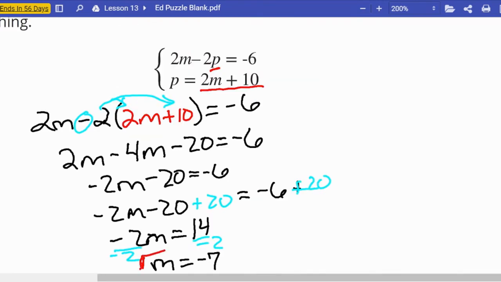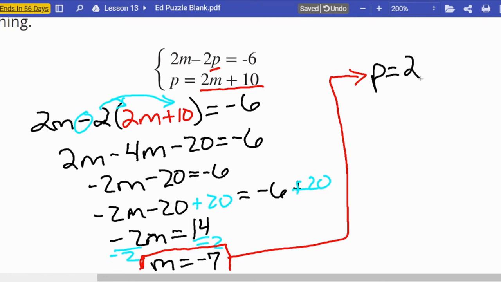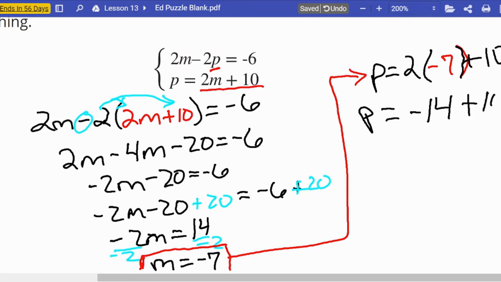So next we need to take this and substitute it back into the original to solve for p. So p is equal to 2 times m, which is negative 7, plus 10. p is equal to negative 14 plus 10. p is equal to negative 4.